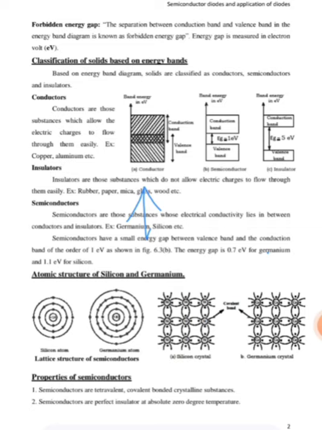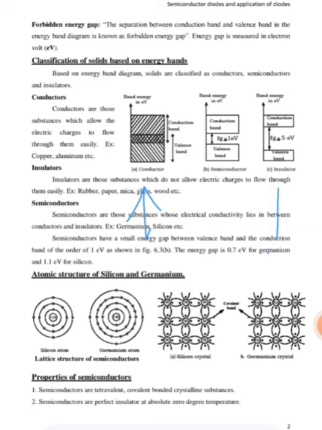So we can easily tell that there is a very small gap or even no gap between the valence band and the conduction band in case of conductors. And examples for these conductors you have already studied at school level: copper, aluminum, all metals come under these conductors.